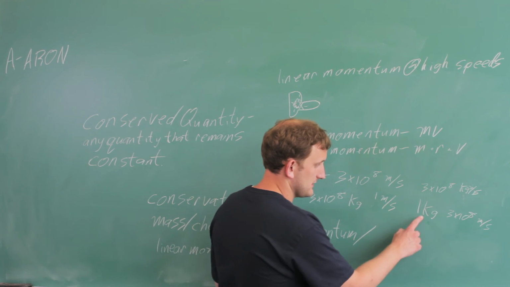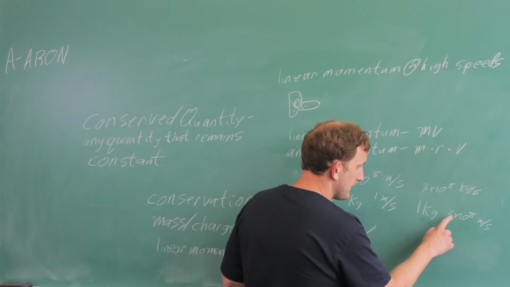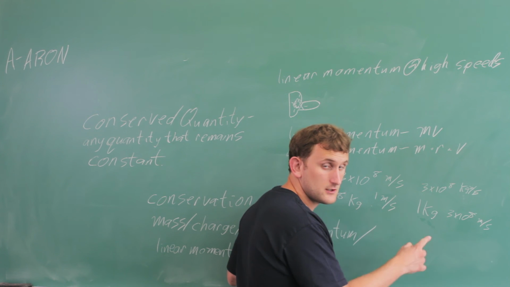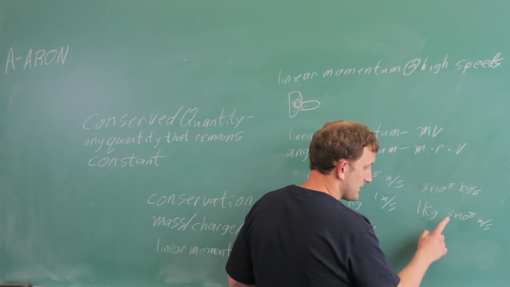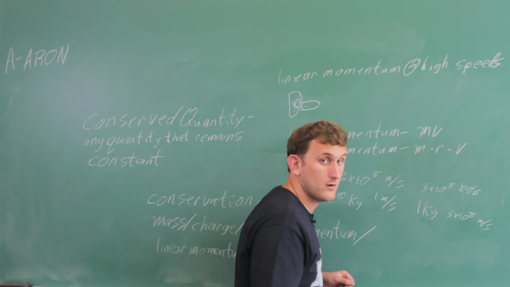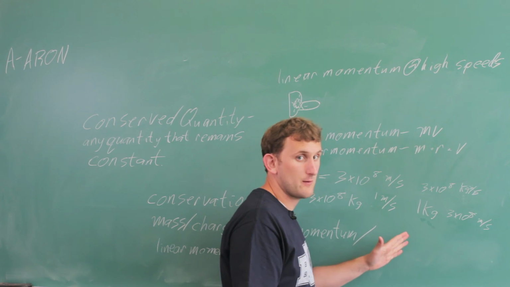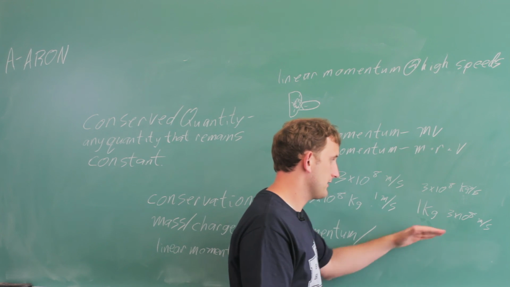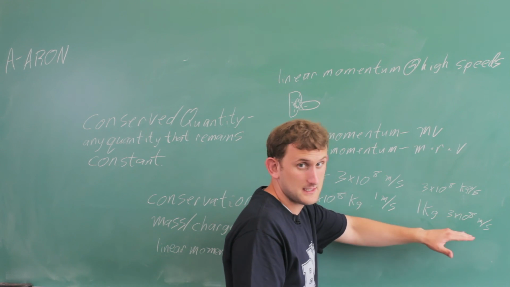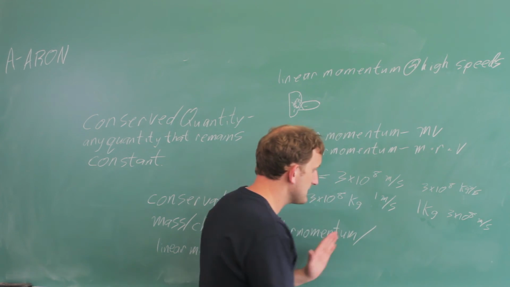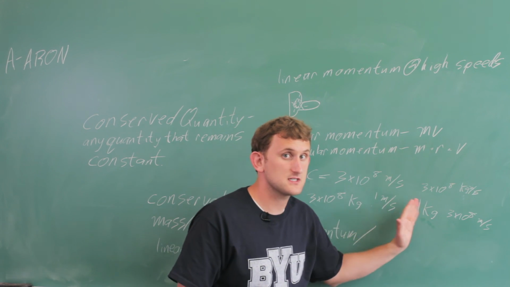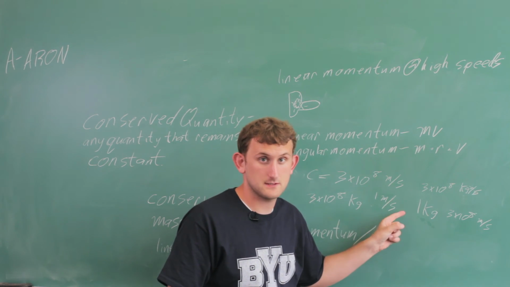So it'll get significantly heavier, and it'll get really fast if all of the linear momentum is transferred, but it won't reach the speed of light. What is 1 kilogram will actually be much heavier, and it'll be much slower than 3 times 10 to the 8th. So at the end of the day, linear momentum is conserved because of relativity.